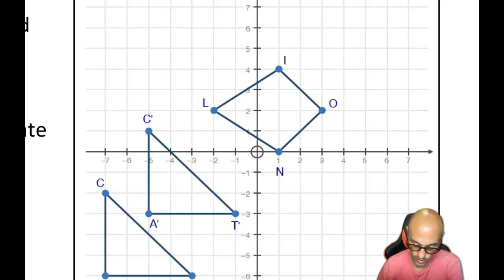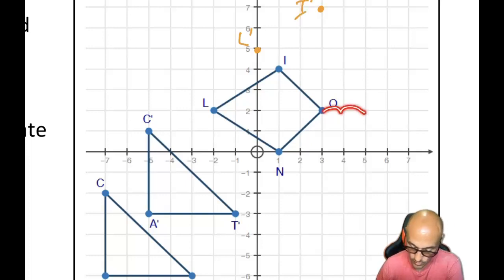So L to the right 2, up 3 is going to be here at 0, 5. That's going to be L prime. I to the right 2, up 3 is going to be right there at 3, 7. So 3, 7. That's going to be I prime.